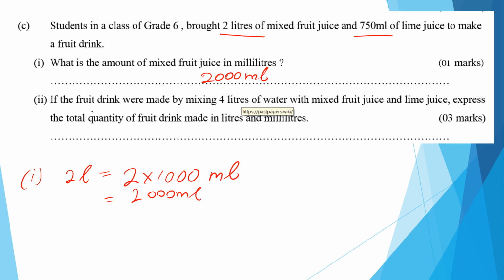And if the fruit drink were made by mixing 4 liters of water with the mixed fruit juice and lime juice, express the total quantity of fruit drink made in liters and milliliters.